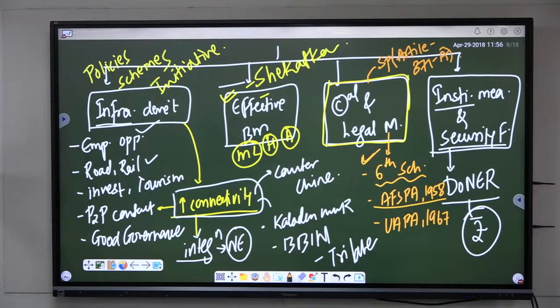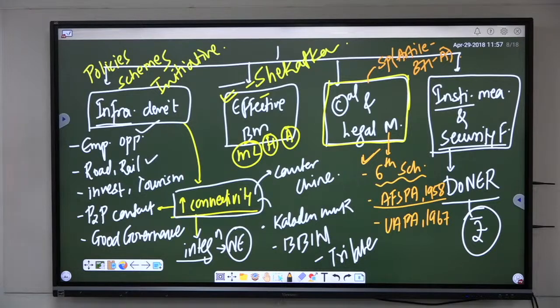Next, basic infrastructure development like roads, railways, hospitals, schools, etc. Next, you write employment generation, good governance.